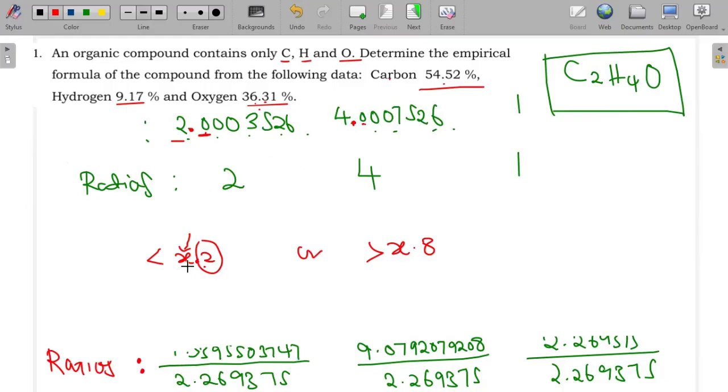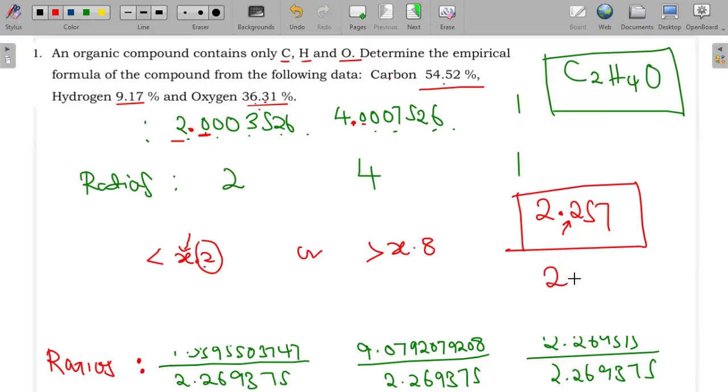But if you find a number that is between 0.2 and 0.8, for example, if our number was 2.257, something like this, we can't round off this. Why? Because the number that comes immediately after the decimal point is not less than 2. Or if we had a number like 2.78, we look at the number immediately after the decimal point.